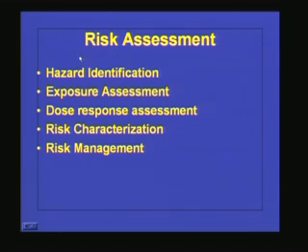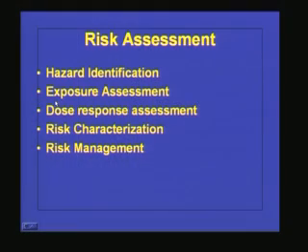What type of risk assessment can we do for water reuse? One is hazard identification. Whenever we want to go for water reuse, we have to find out what the hazards involved in that process are. The second is exposure assessment. If you reuse the water, what are the possible exposures because of the reuse?